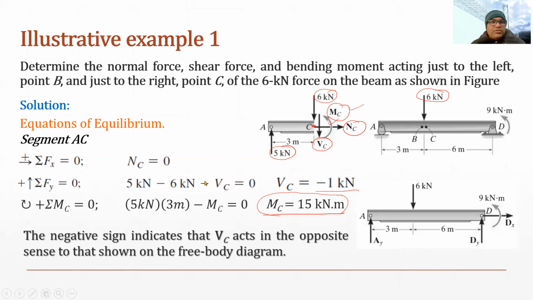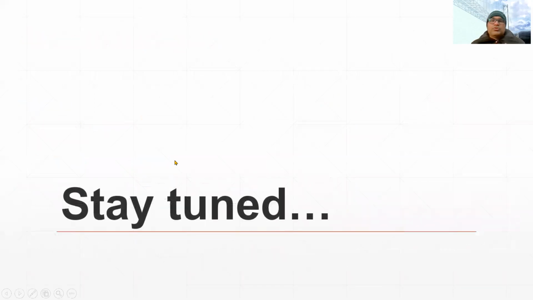So that is the solution of this example. We have found all the internal forces MC, NC, VC, and MB, VB, and NB. In the next part, we will take another example to understand the concept more. Thank you.